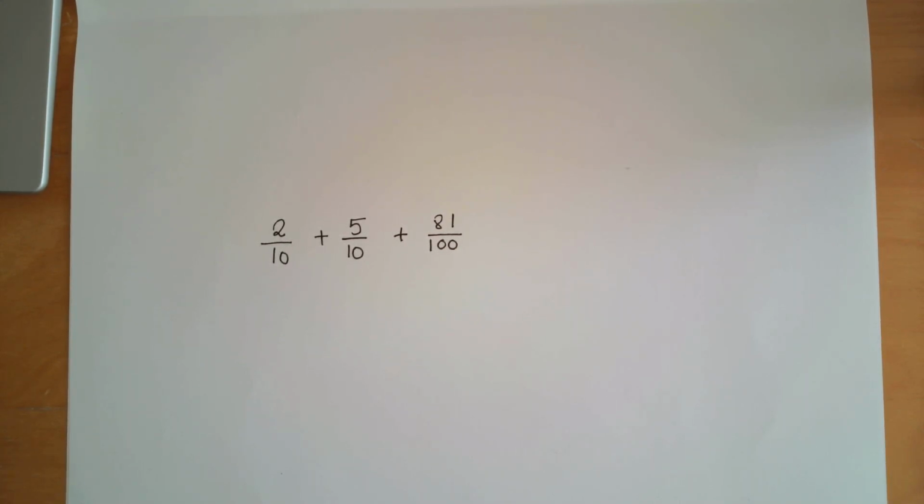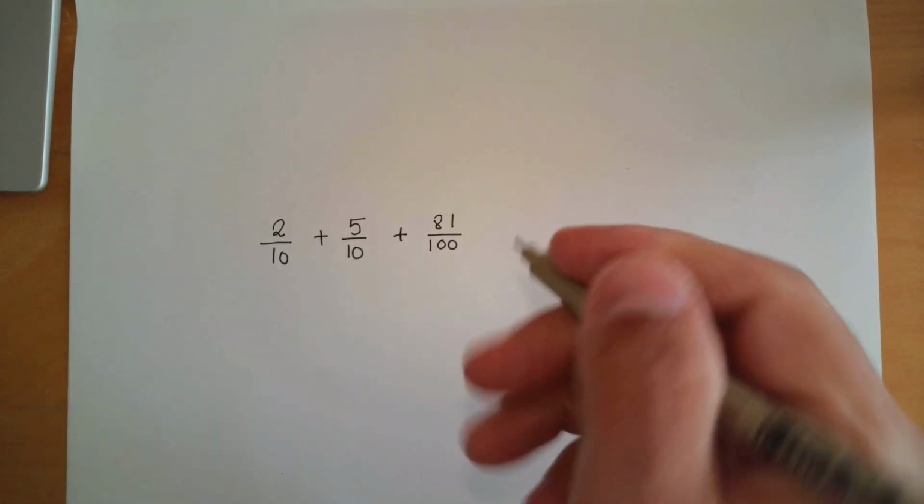So the same principle applies here: we need to have the same partition, the same denominator, whenever we're adding fractions, okay? Working with tenths and hundredths is easier because they are related. 10 is a factor of 100 and 100 is a multiple of 10, right?